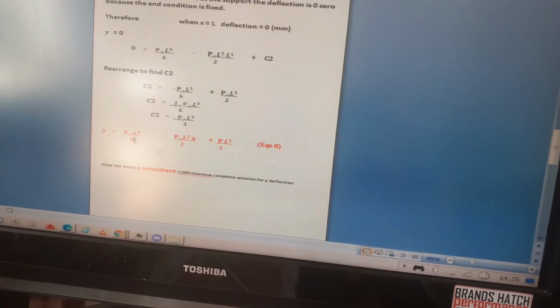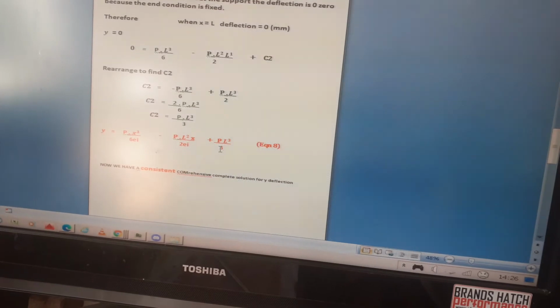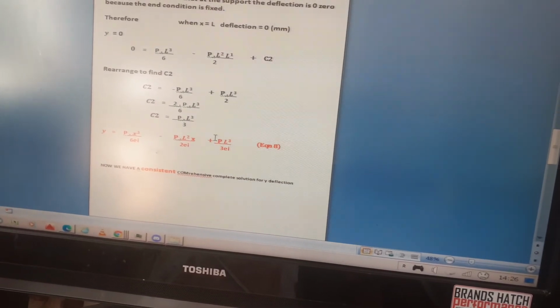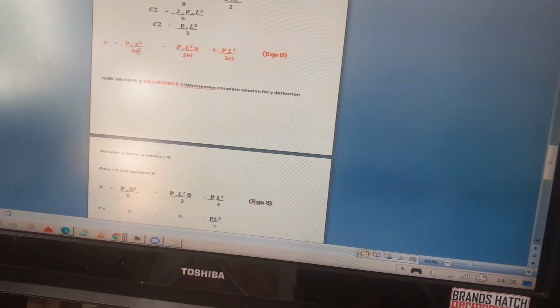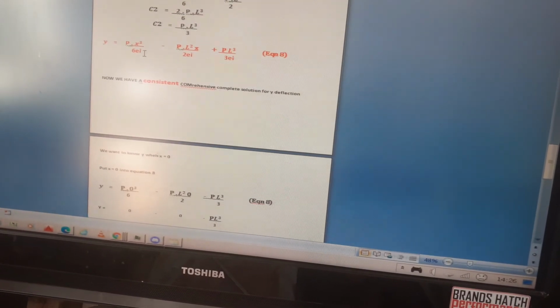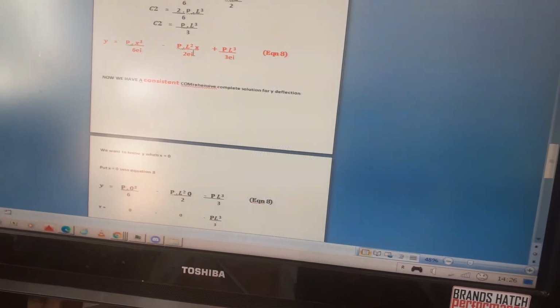All of these should have EI underneath, but now we can put that EI back underneath it. That gives us equation 8. Now we have a comprehensive solution for the y deflection. So y equals PX cubed divided by 6EI minus PL squared x divided by 2EI plus PL cubed divided by 3EI.